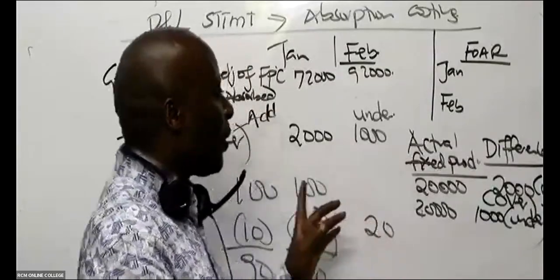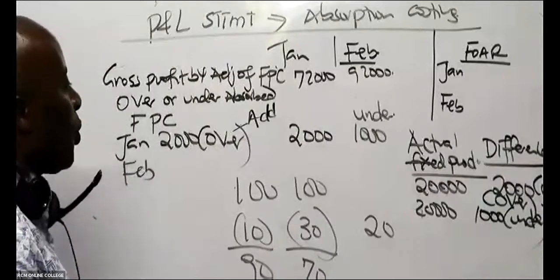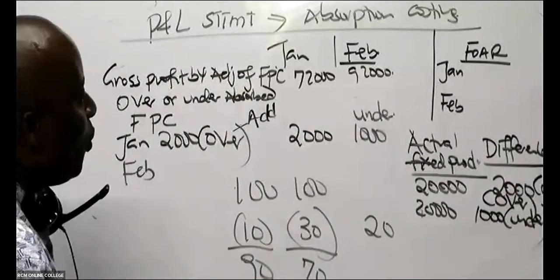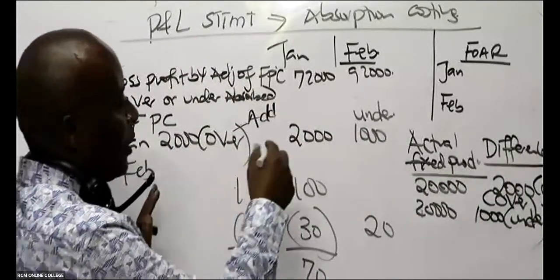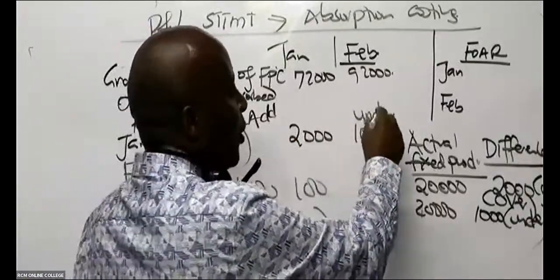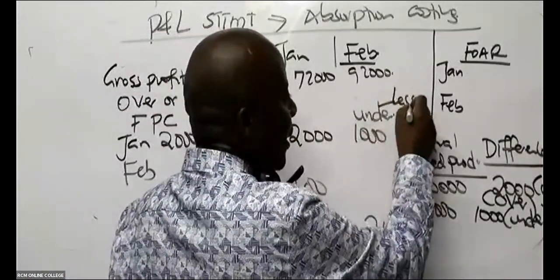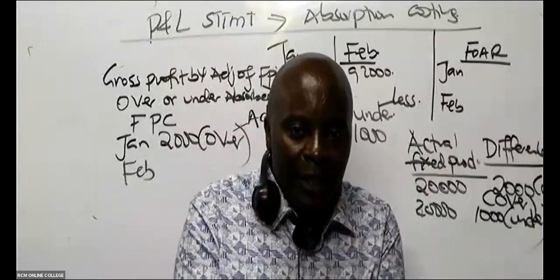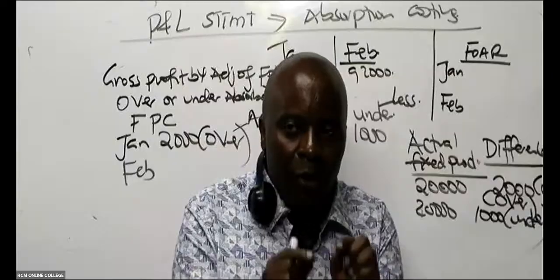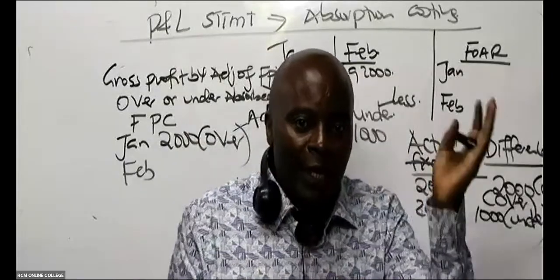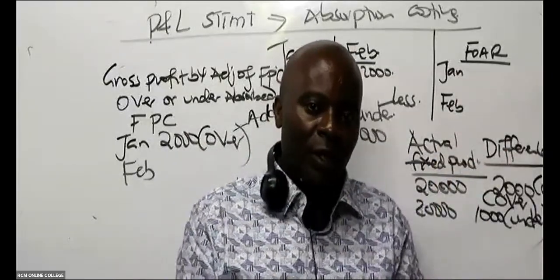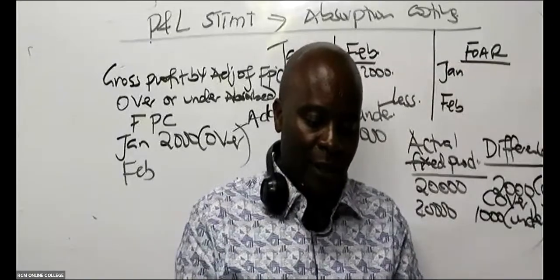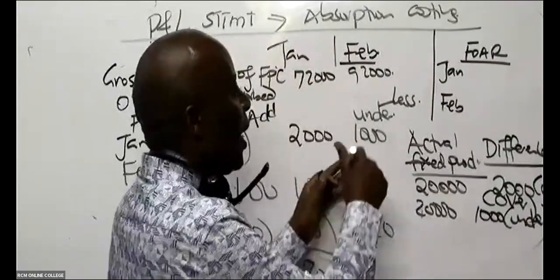Now, ladies and gentlemen, when it is under like this, what we shall do at the end of the day is subtract. So this one we shall deduct because it is under. Because when you underestimate an expenditure, then automatically your profit is overstated. So in this case we are subtracting.